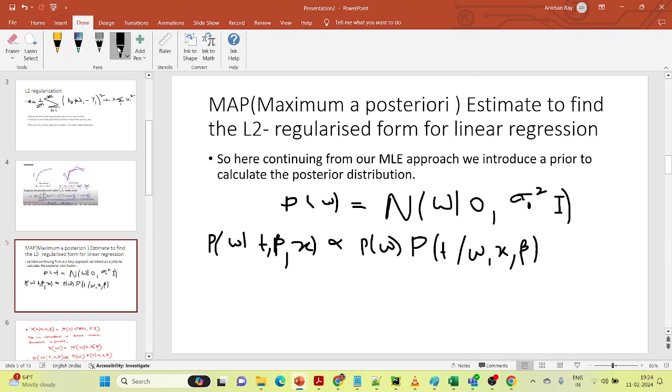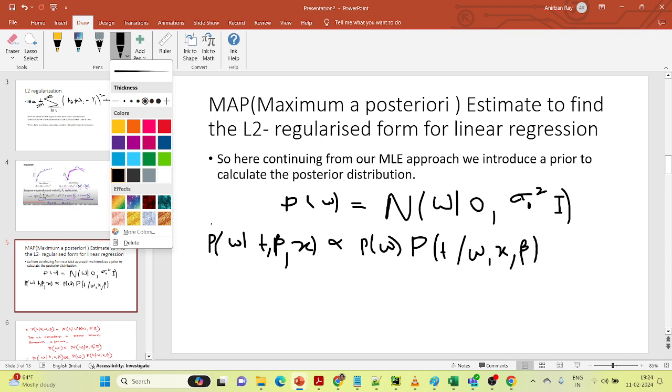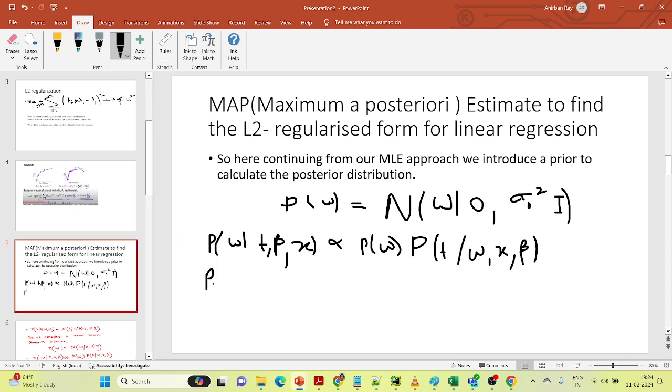Let me write it down. What we needed was the probability distribution function of the parameters W when t and x are given.